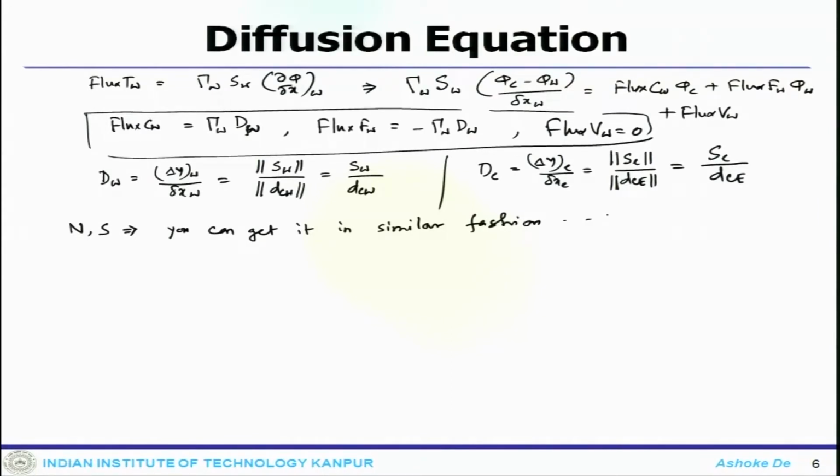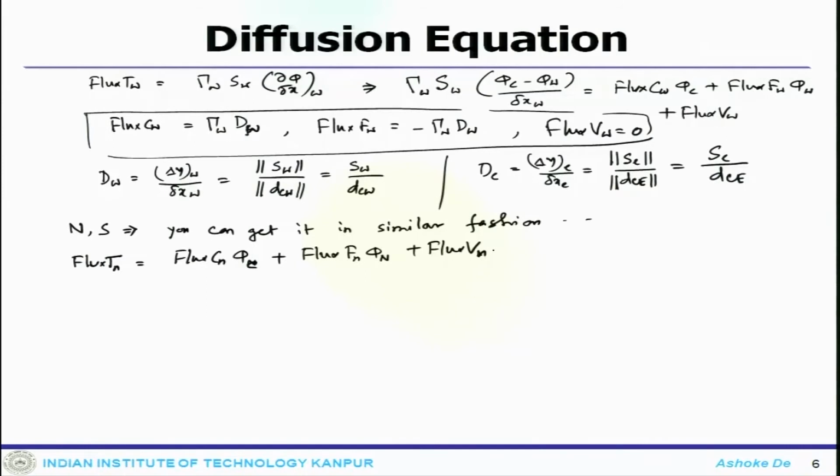So, if I put this together, the total flux T n would be flux C n phi C, flux F n phi N plus flux V n.